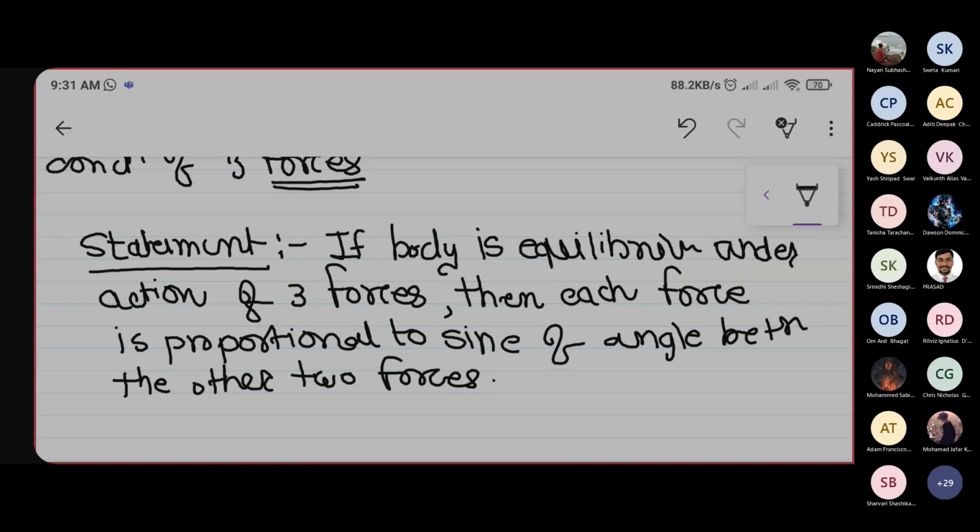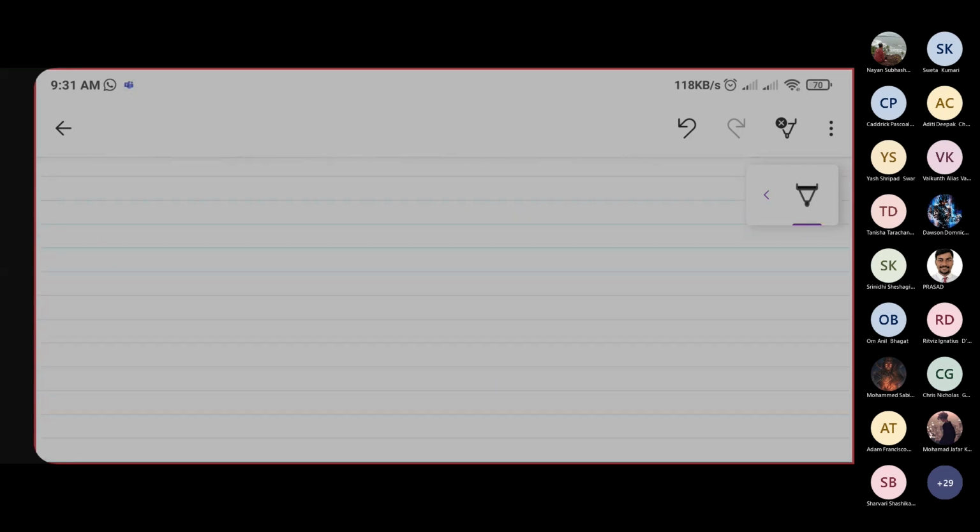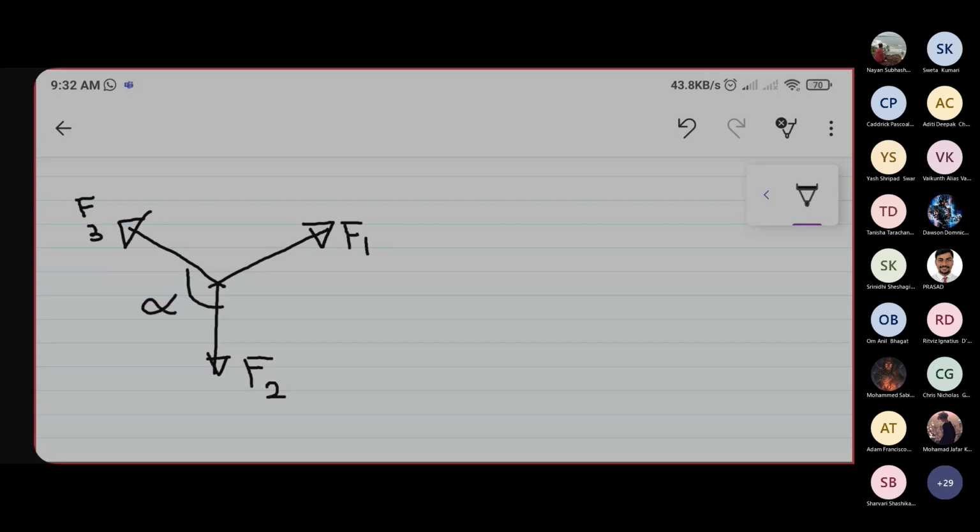We can use the sine law. I will show you how we can use the sine law to derive this. Just consider three forces in any direction, F1, with angles alpha, beta, gamma.